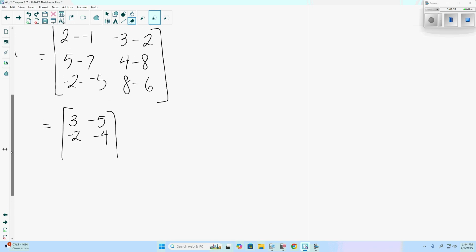And lastly, 2 minus negative 5 is 7, and 8 minus 6 is 2. If you don't need that middle step, you don't have to write it. Because they're individual elements, they're their own separate numbers.